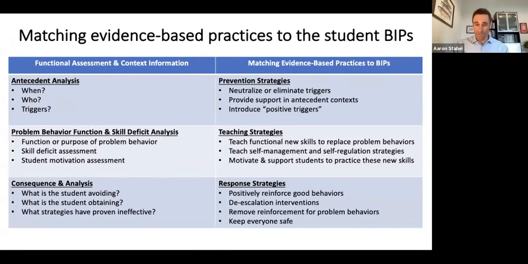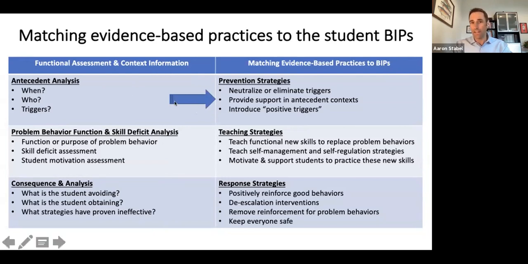And if nothing else, we find this information, which is also in our online clinical support that we offer through our software, is such an important piece for people to understand. When you look at context and function, which can be antecedent analysis, problem behavior and skill deficit analysis, and consequence analysis, we want to always remember that it's when and where and under what conditions the problem behavior occurs.